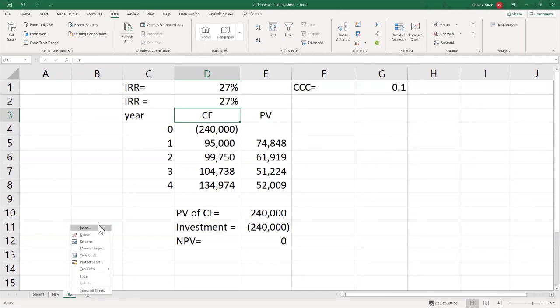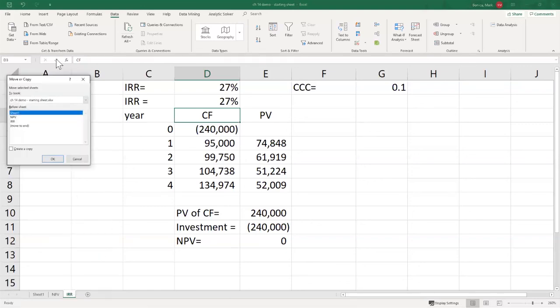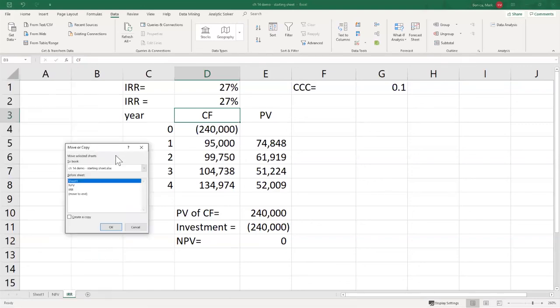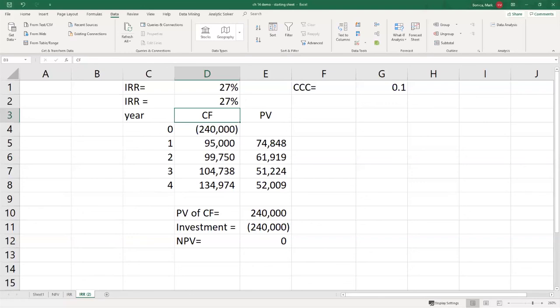Right click so that this window pops up with these choices. Again, and we did this before, choose Move or Copy. And then when this box comes up, choose Create a copy and Move to end. And what you'll have is IRR2. Is anybody stuck on that?